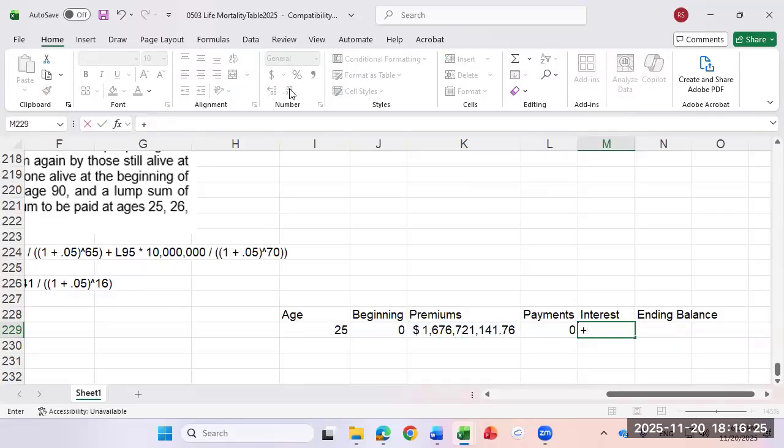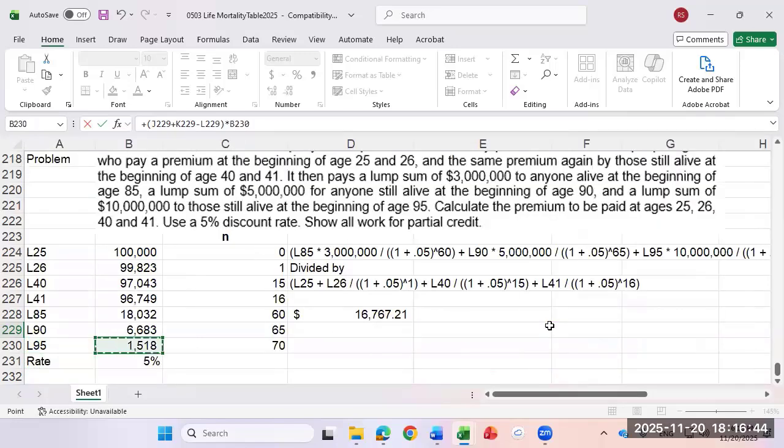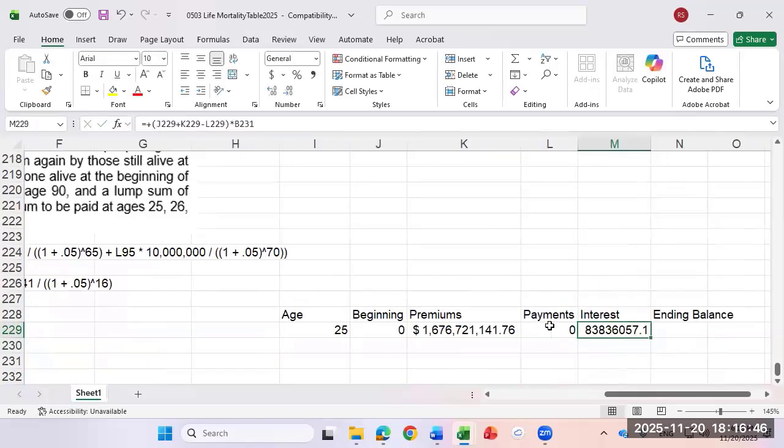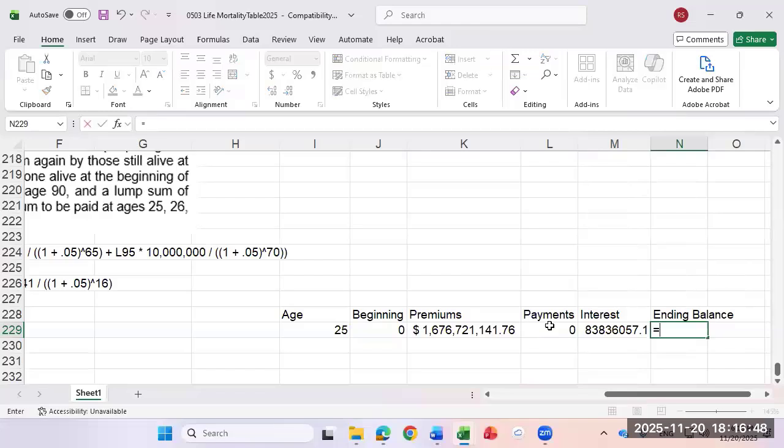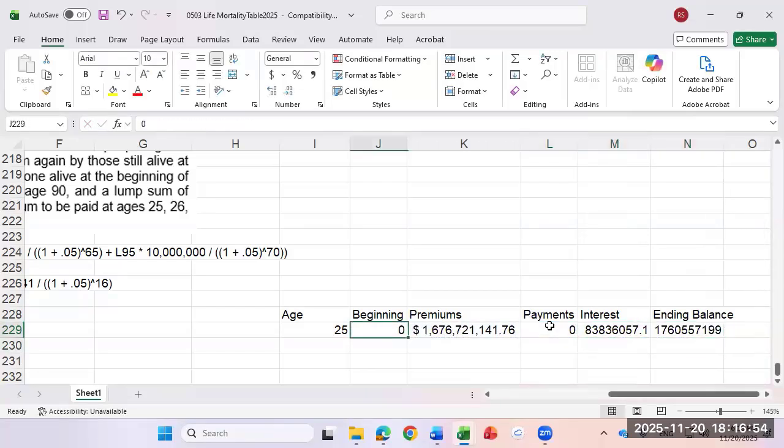So you'll earn interest on your beginning balance plus your premiums, but you don't lose any interest on your payments because if they're death benefits, they happen at the end of the year. Now, later on, our payments will be at the beginning of the year. So in this case, the payments will come out, but there's just none there. Times our rate. We just sum that across. There's our ending balance.